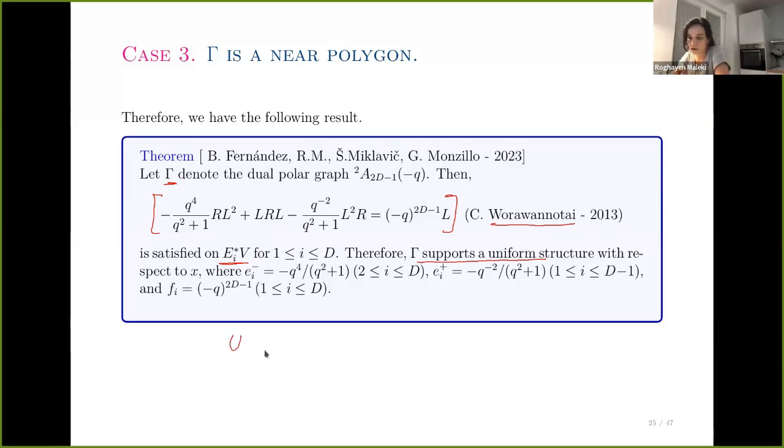We computed our uniform matrix U, and also showed that the principal submatrix P is non-singular, exactly what we had in the definition of uniform structure, and everything holds. So the graph Gamma supports a uniform structure with respect to X.